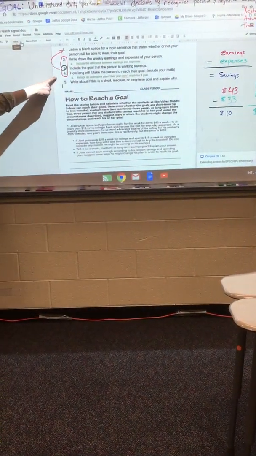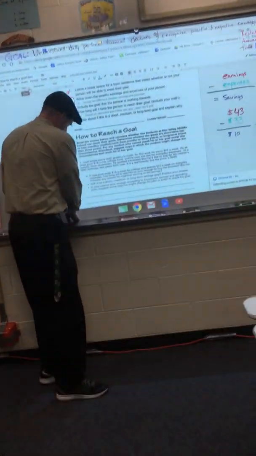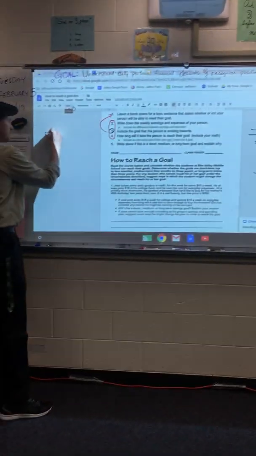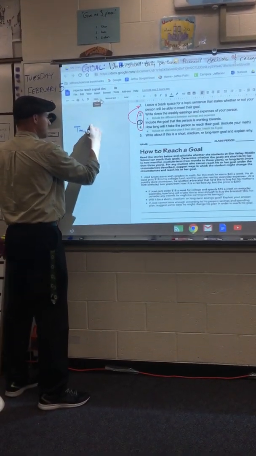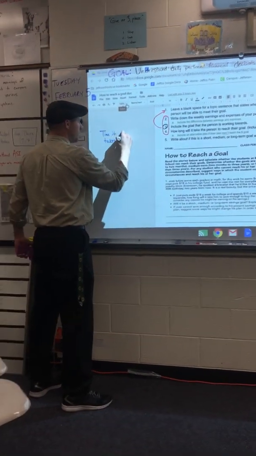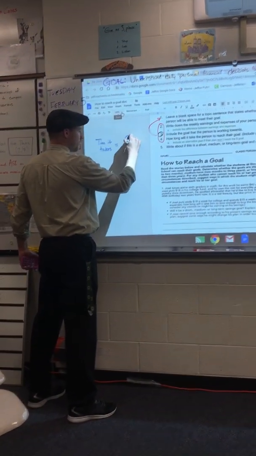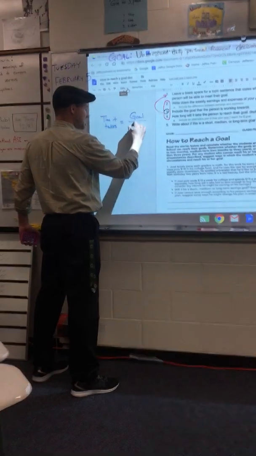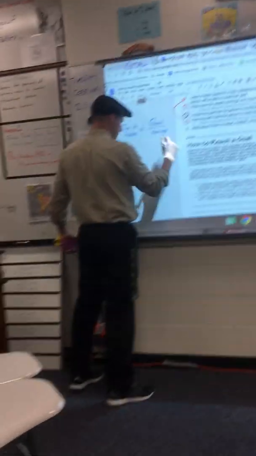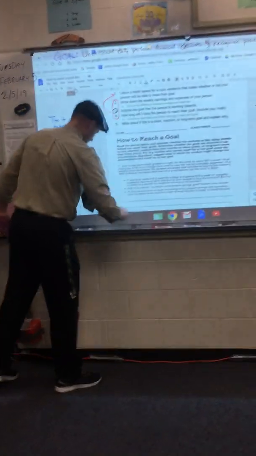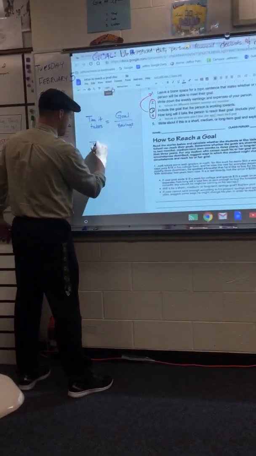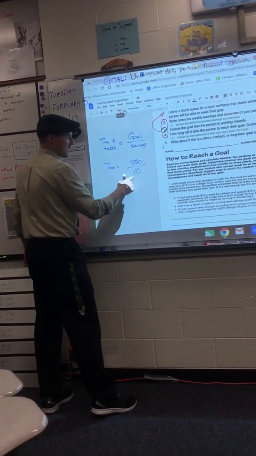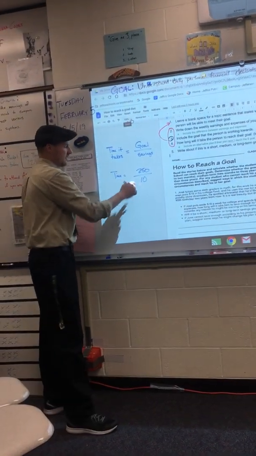This is for number 4. To calculate the time that it will take to reach your goal, you would do the goal, which is the bigger number usually, divided by your weekly savings. What that looks like: your goal is to raise $250 and you save $10 per week.